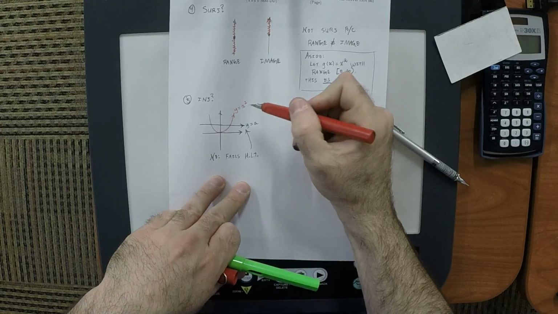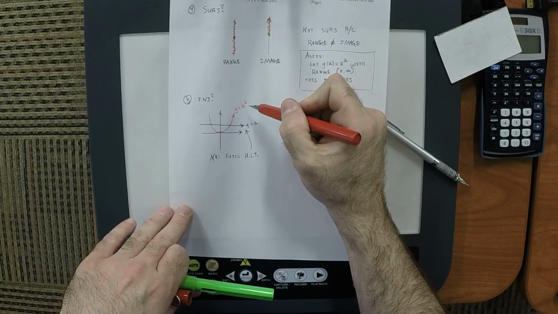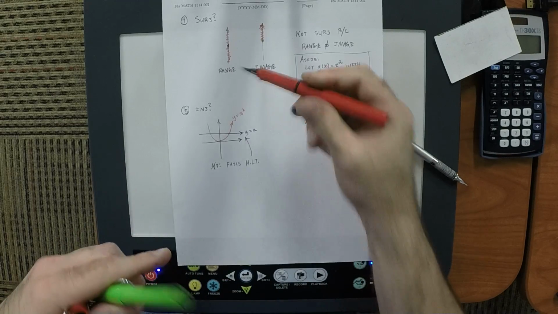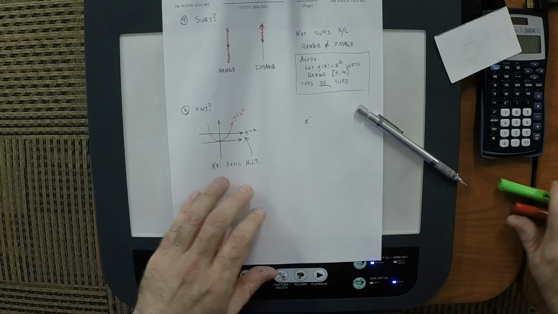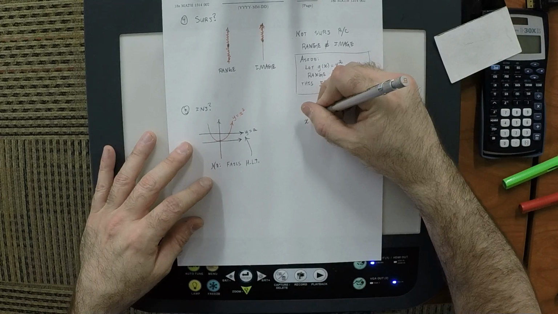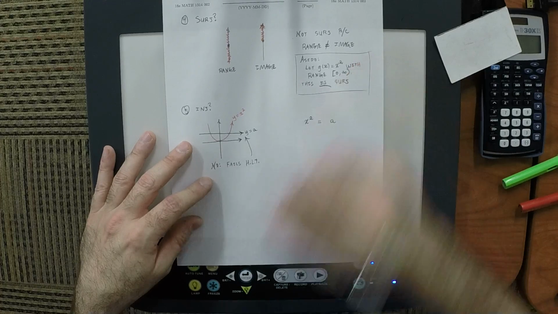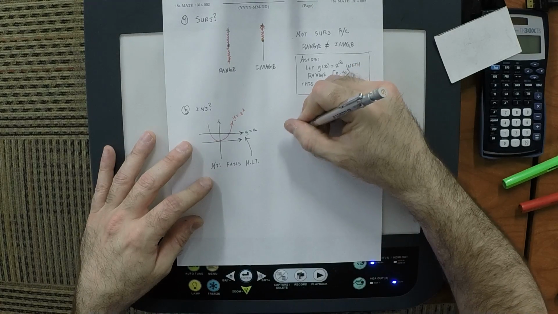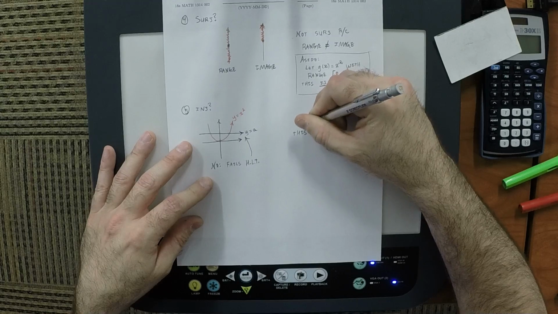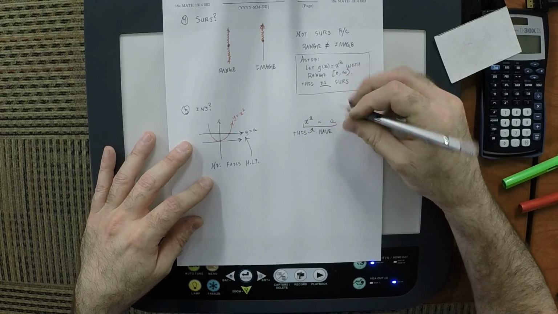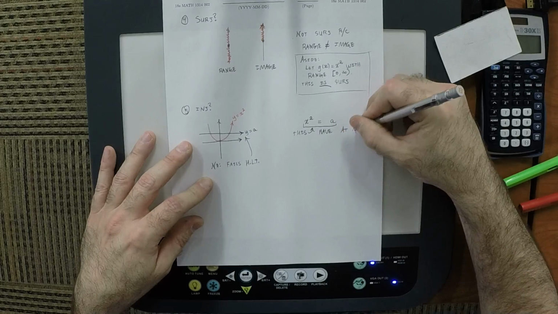So again, if y is x squared and y is a, then a is x squared. So now we're asking, concerning this equation, does this equation have at most one solution for all a?